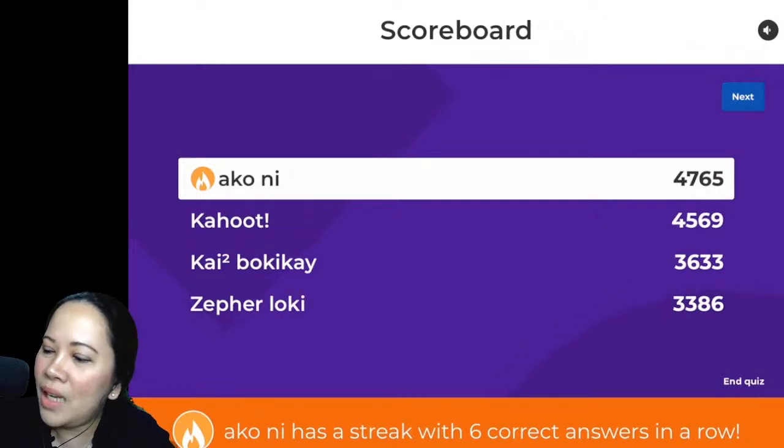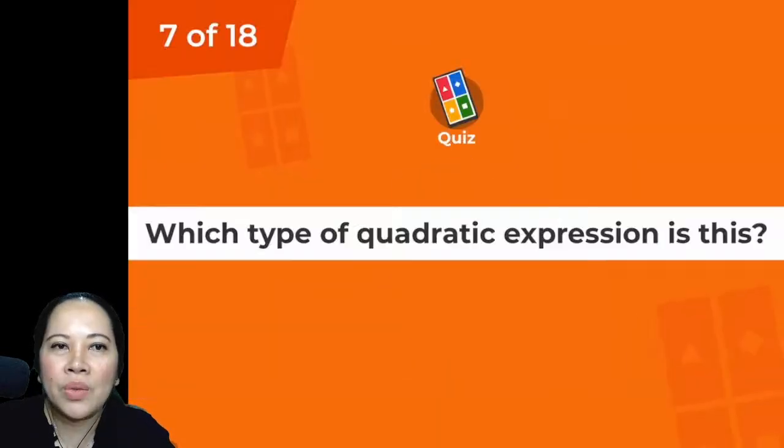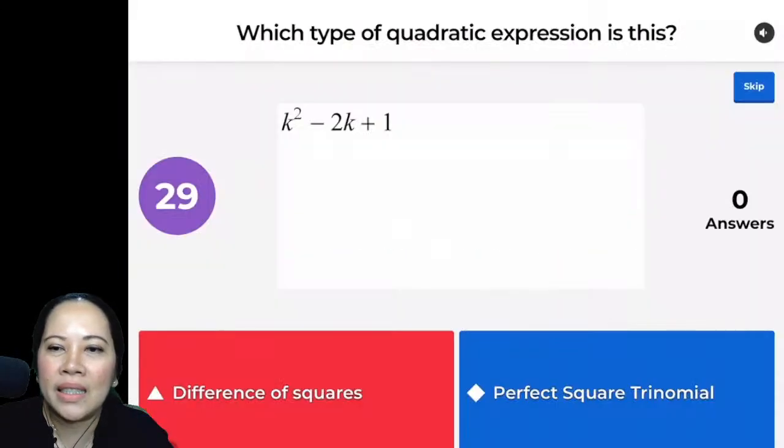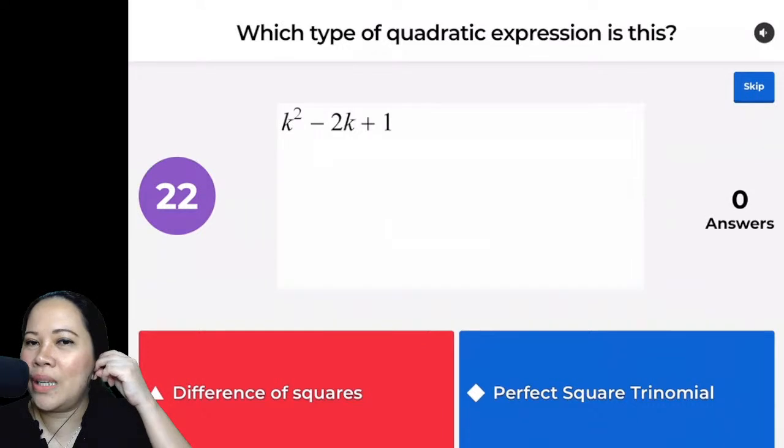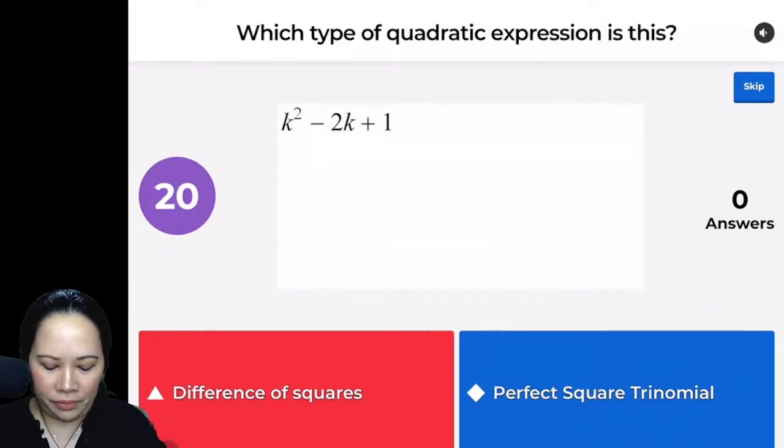Okay, let's proceed. Next one. Which type of quadratic expression is this? Is it difference of squares or is it perfect square trinomial?